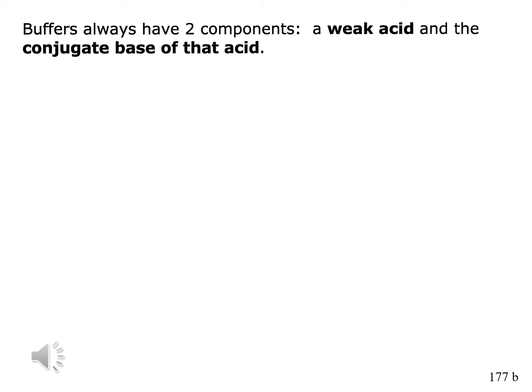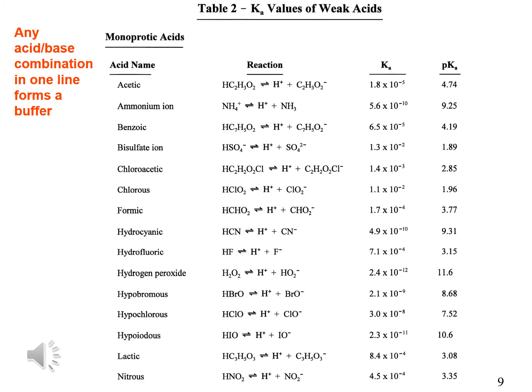From that example, I want to give you the definition of a buffer, that a buffer is always a weak acid and the conjugate base of the same acid. So what acid can you make a buffer out of? Well, you can use any of the weak acids in the Ka table, and there are also hundreds of others.